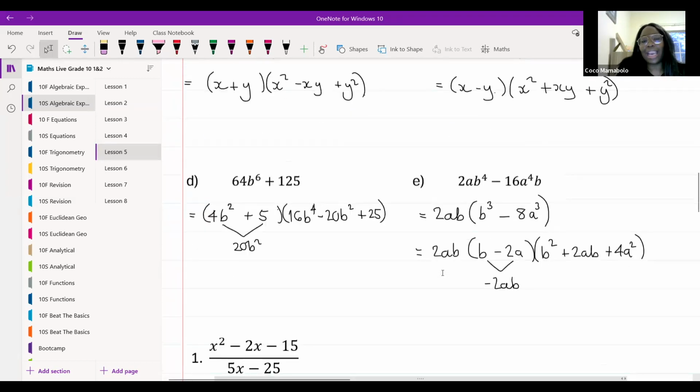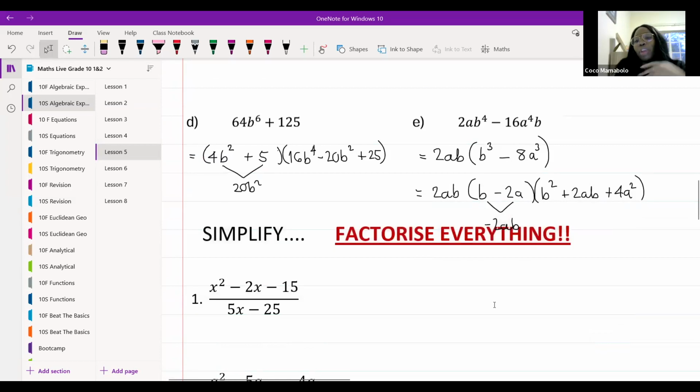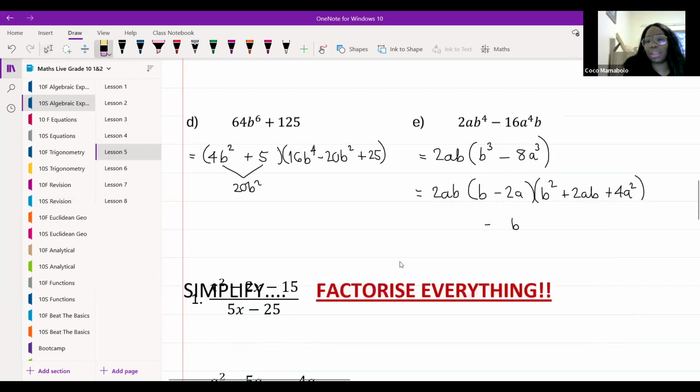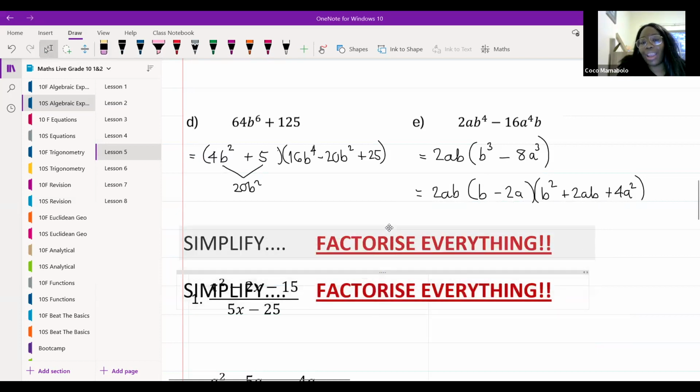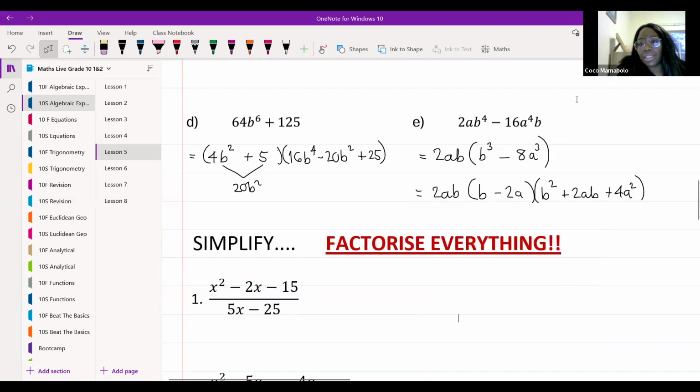Excellent. Okay, guys. So we're going to be doing algebraic fractions next, and we're going to focus a little bit more on that on Wednesday. But I want us to note something: algebraic fractions just require us to factorize. Look at what ma'am's instruction here says. What does Teacher Coco's instruction in red say?